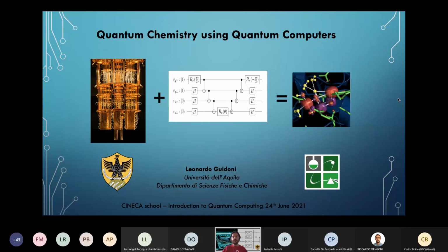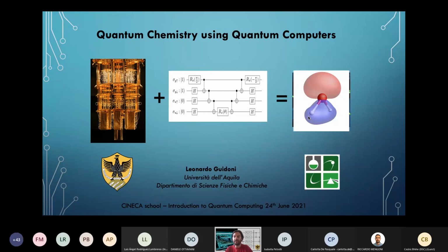The goal is, in some way, summarized in this picture. You have a quantum computer here, you have a circuit, and then you would like to model very complex chemical systems like the one shown in the pictures.